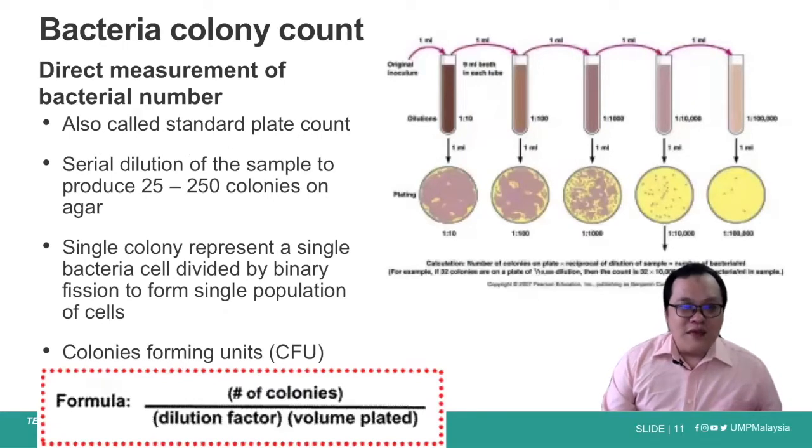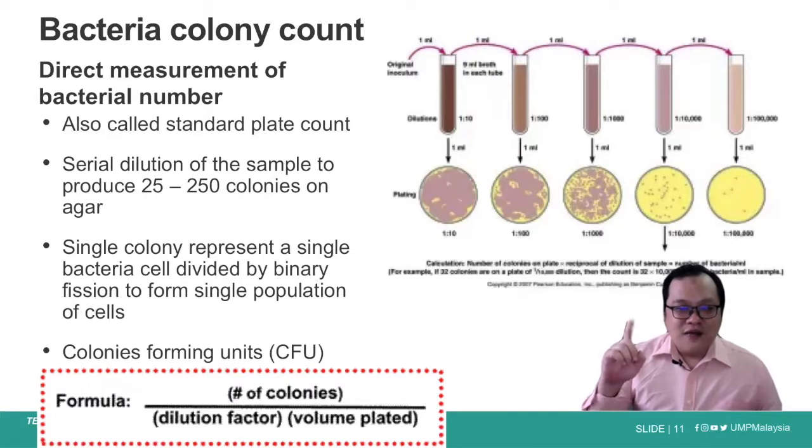Another measurement that we're going to perform in this lab is the direct measurement of bacterial numbers by using bacterial colony counts, also called the standard plate count. Usually we perform serial dilution, either 10-fold or 2-fold dilution.